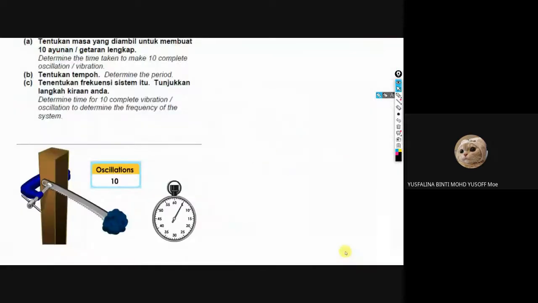Let's say for this one, it says determine the time taken to make 10 complete oscillations. Here the plasticine oscillates 10 oscillations in 5 seconds. So for A, the time taken for 10 complete oscillations is 5 seconds.